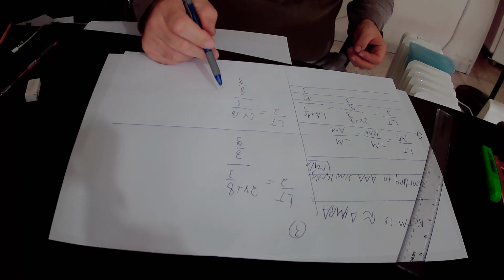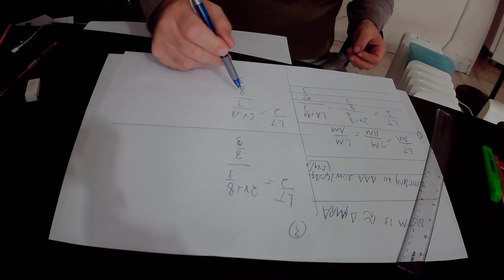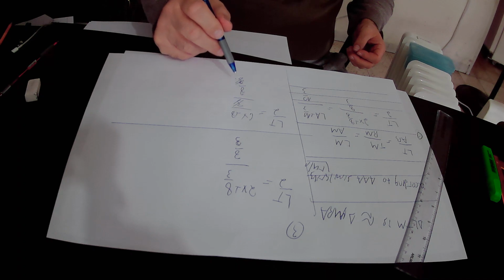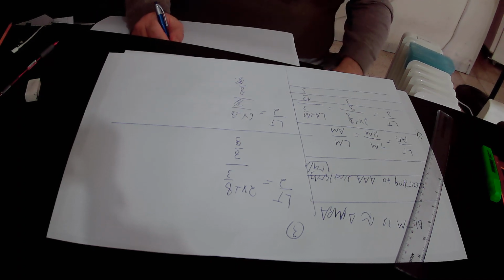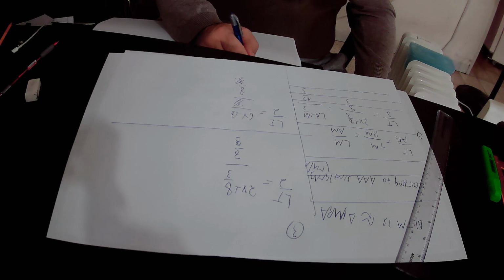On this side of the equation we have 3 in the numerator and 3 in the denominator, so the 3 will get cancelled. After we cancel 3, we are left only with LT over 2 equals 6x plus 8 over 8.